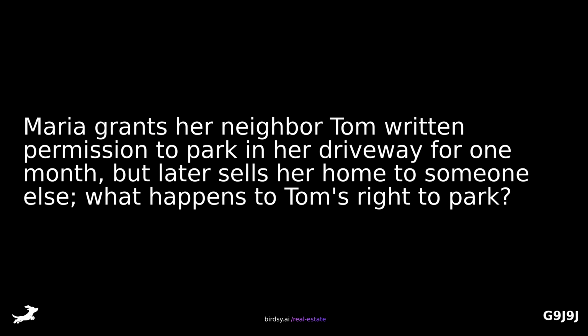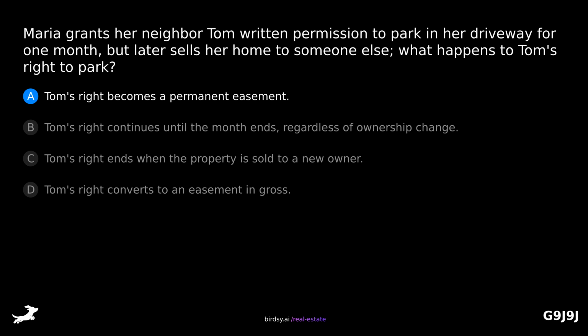Maria grants her neighbor Tom written permission to park in her driveway for 1 month, but later sells her home to someone else. What happens to Tom's right to park? Is it A, Tom's right becomes a permanent easement, B, Tom's right continues until the month ends regardless of ownership change, C, Tom's right ends when the property is sold to a new owner, or D, Tom's right converts to an easement in gross?